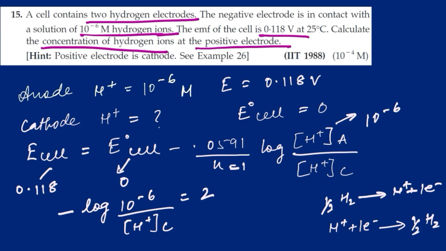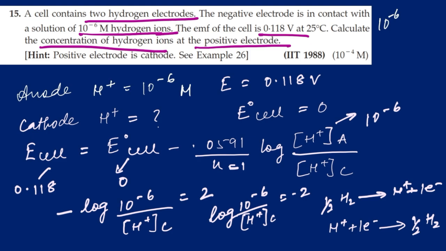Or log 10 to the power minus 6 divided by H plus ion concentration at cathode is minus 2. Taking antilog, minus 2 will be equal to 10 to the power minus 2. So 10 to the power minus 6 divided by H plus ion concentration at cathode is equal to 10 to the power minus 2, because antilog minus 2 is 10 to the power minus 2.